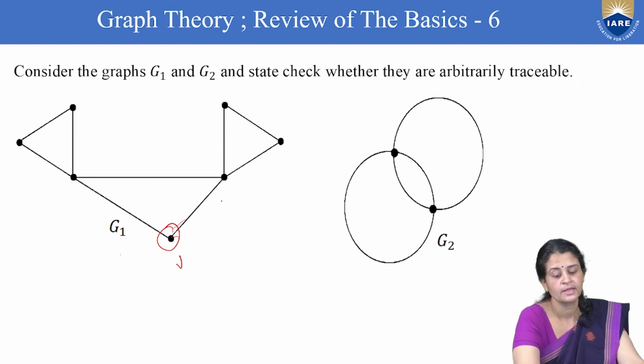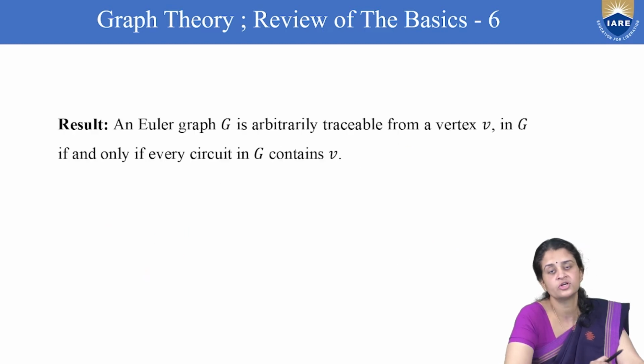No. But if I take this U, it is contained in every circuit in this graph G. This V is not contained in every circuit in this graph. So the condition for our graph to be arbitrarily traceable from a vertex V is that V must be contained in every circuit of the graph G. Okay?